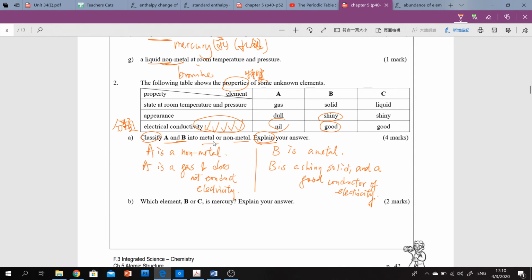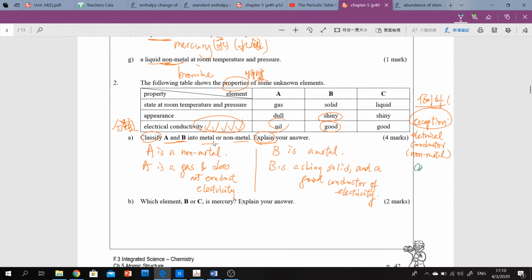Any exception that some of you may have doubts about? Electrical conductivity, can you give some exception that is an electrical conductor but is a non-metal? Can you think of some exception? This is something about common sense, right? You need to know. What is that?